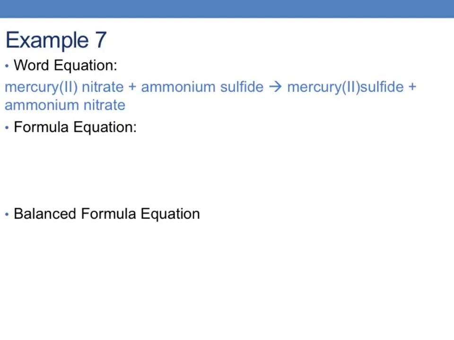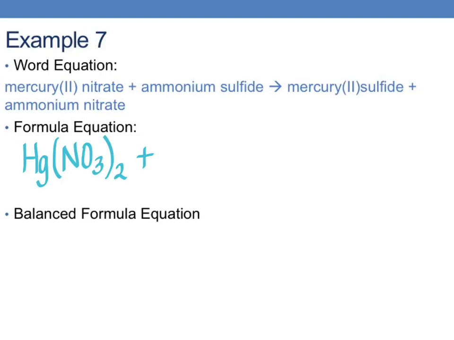Okay. Mercury(II) nitrate. What's the formula for mercury(II) nitrate? Mercury is Hg. Nitrate is NO3. Hg has a charge of 2+. NO3 has a charge of 1-. So we need 2 NO3s.